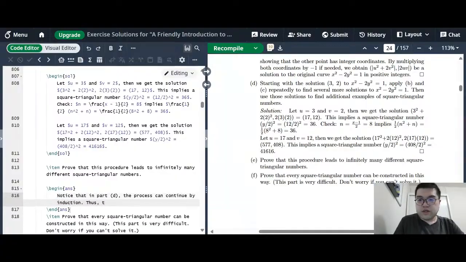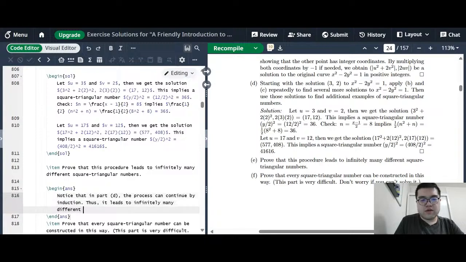Thus, it leads to infinitely many different square triangular numbers.